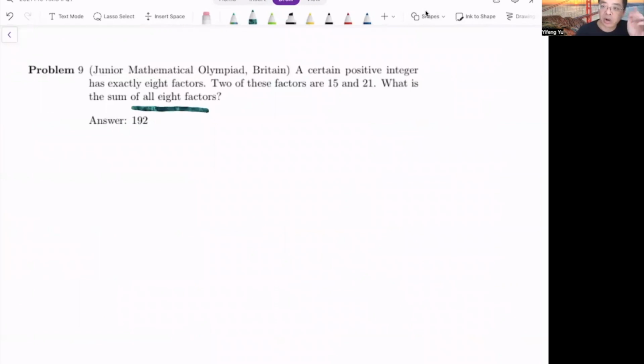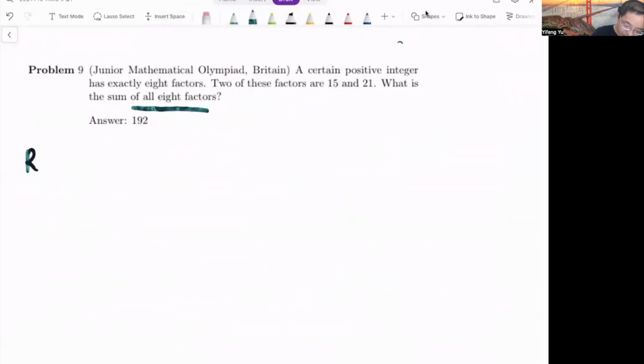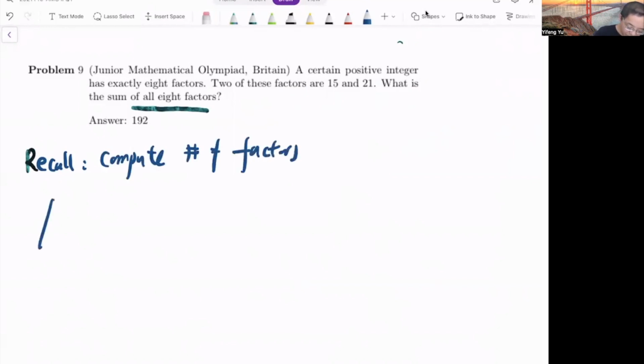Here, let's recall how we compute the number of factors. Let's use 100 as an example. Step 1, we do factorization.